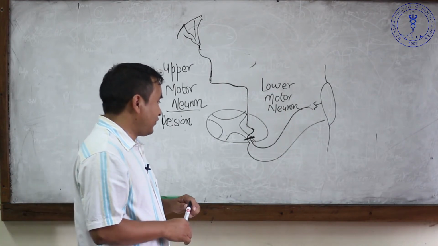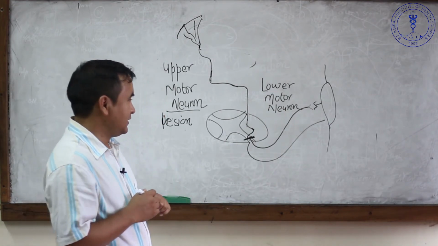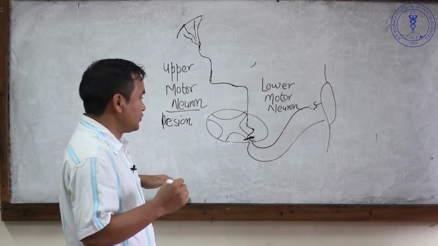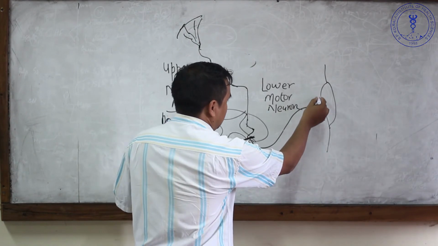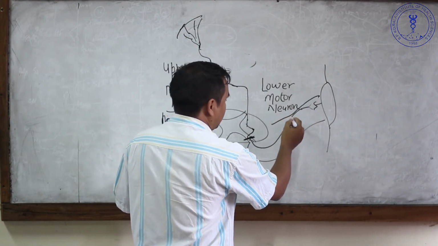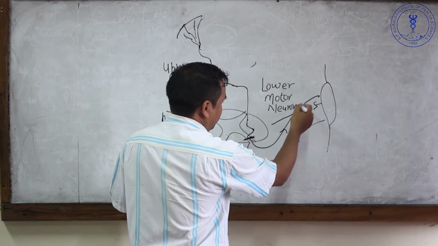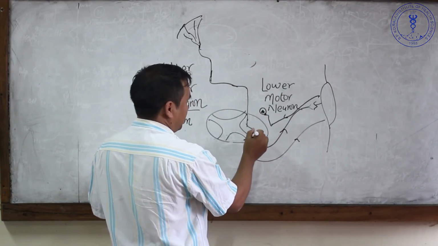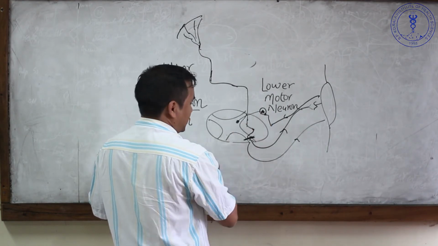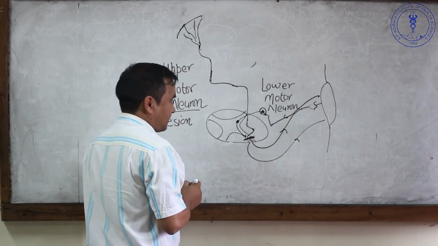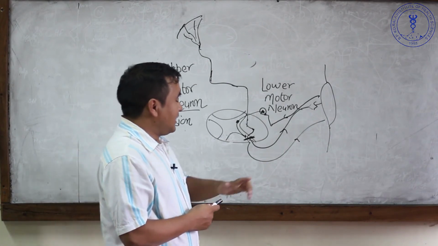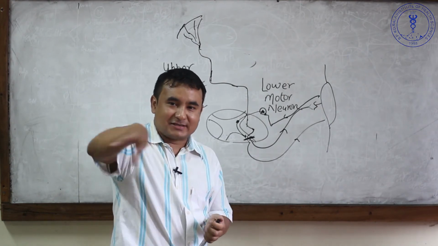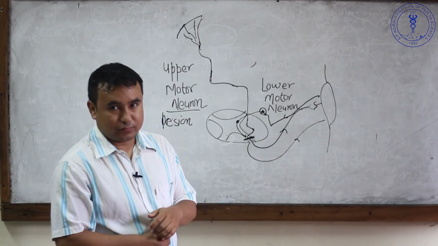For that you need to understand something about the local reflexes. From the level of the spinal cord, it is just a motor component. The sensory part comes from the dorsal root ganglia, then goes to the posterior horn of the spinal cord. So at the level of the muscles and the spinal cord, there are locally acting reflexes.